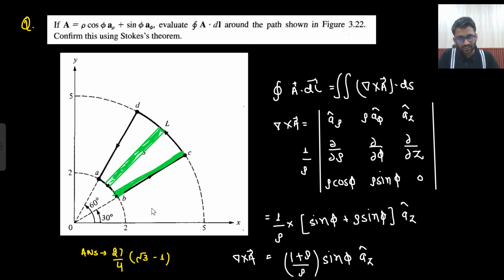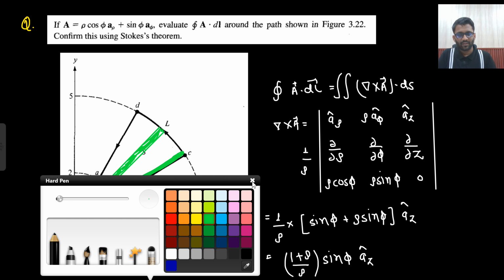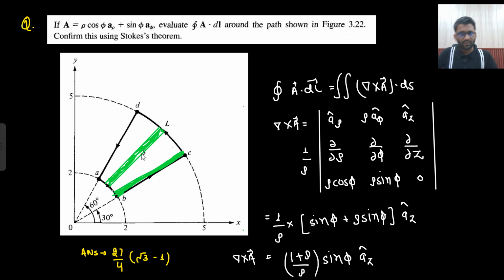So with respect to this strip, this is my strip. Now if I sweep this strip, just try imagining, if you sweep this strip in this direction, how will your phi change? From 30 to 60 degree.